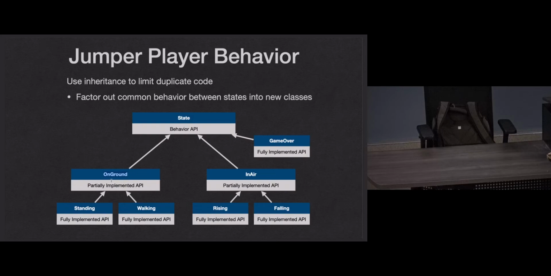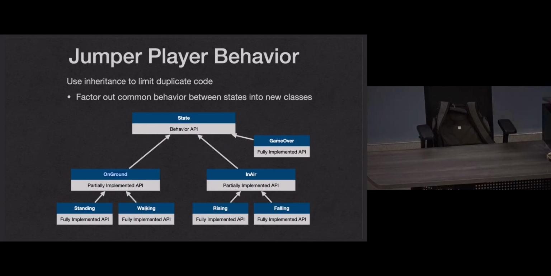Whenever I see the same code twice in 2 different places in my projects, I'm thinking that there's a better way to do things. In this case, if I see the same methods in standing and walking, I'm factoring those out into a common method, putting that common code here, and then extending them both here.